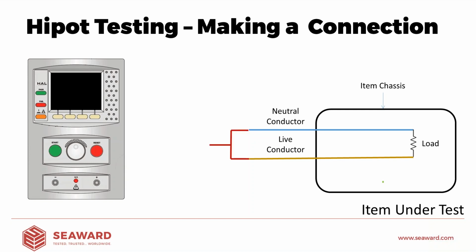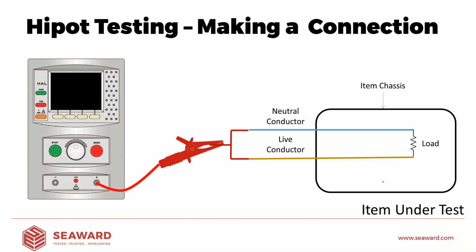Well, the first thing that we would need to do is create a shorting condition between the neutral and the live conductors. So we're going to short those two together so we can send our high end or our test voltage up through the live and neutral, and we do that by applying a clip or a probe, etc., to those two shorted conductors. So now what we're doing is we're sending voltage in through the live and neutral.